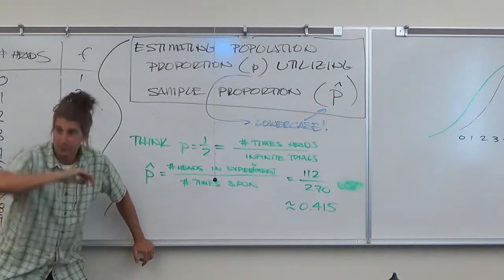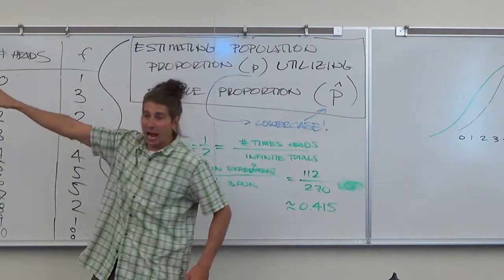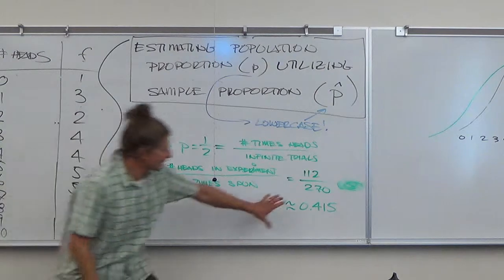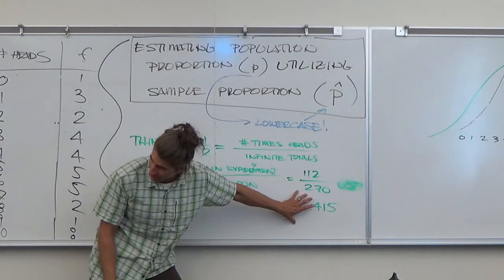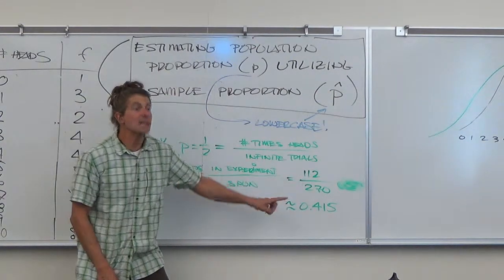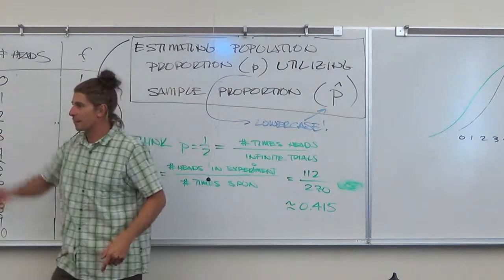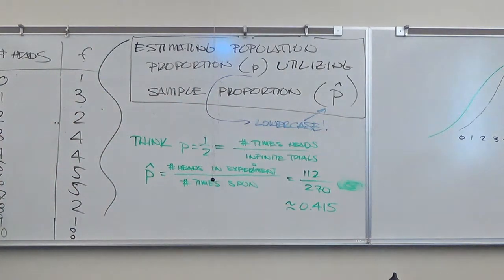We think half the time we're going to get heads. This is our gut, right? The data says 41.5% of the time we get heads. That's my question. Is that close enough to that to make us say they're different? Or is it close enough to that to make us say there's no reason to think they're different?